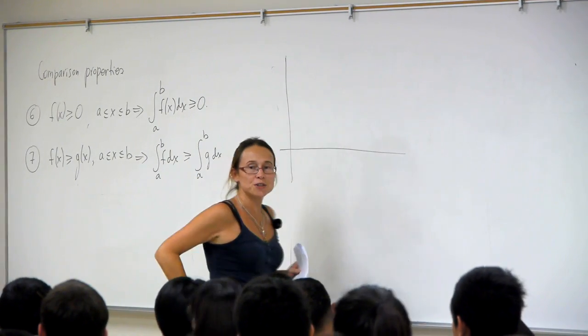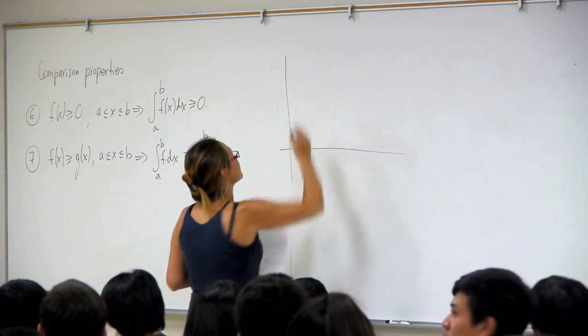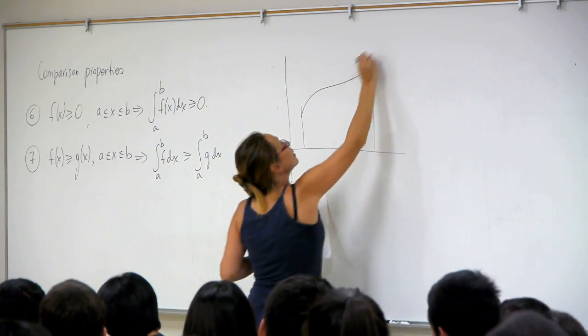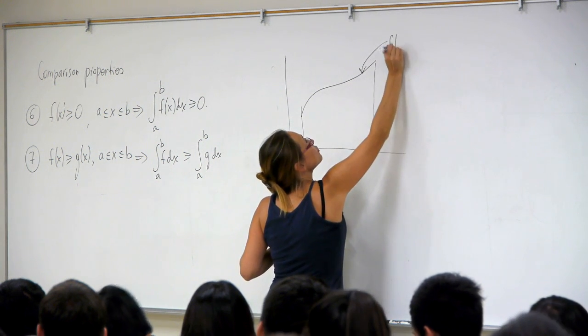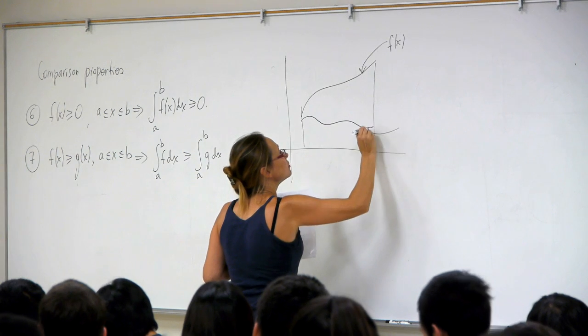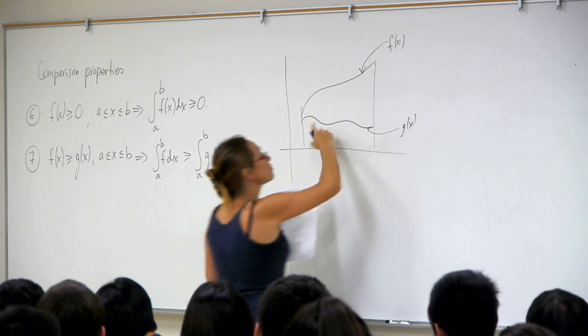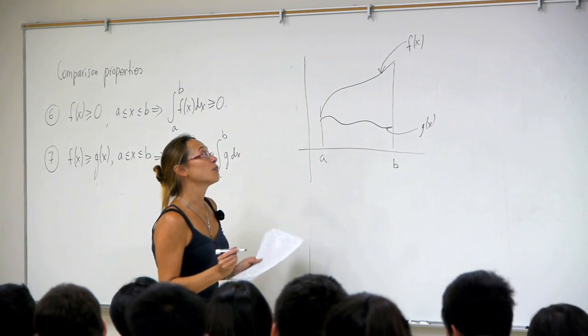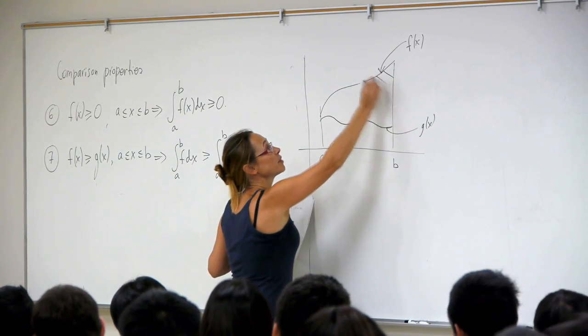Let's suppose that both functions are non-negative, okay, for simplicity. So this is the larger of the functions, f, and this is g, okay, between a and b. So the integral of f is this whole area.